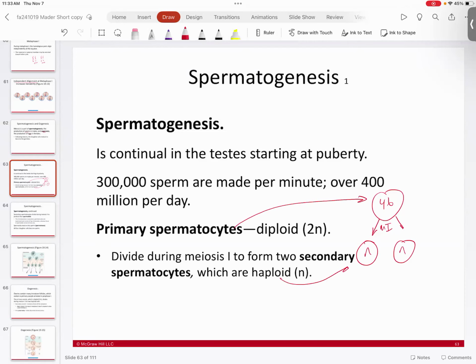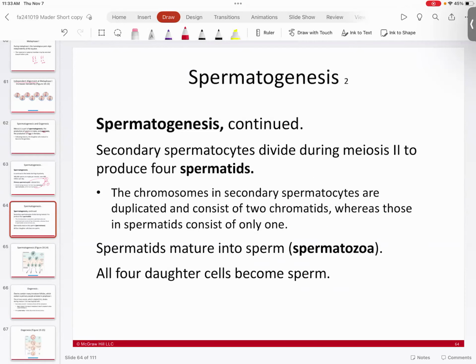Because their homologs have been separated. And then after that, the secondaries will divide during meiosis 2 to create the 4 spermatids. So the spermatids are the 4 genetically non-identical haploid cells of the sperm. And then basically each of these spermatids will mature into sperm, spermatozoa, and all 4 of the daughter cells will become sperm and they'll be used.